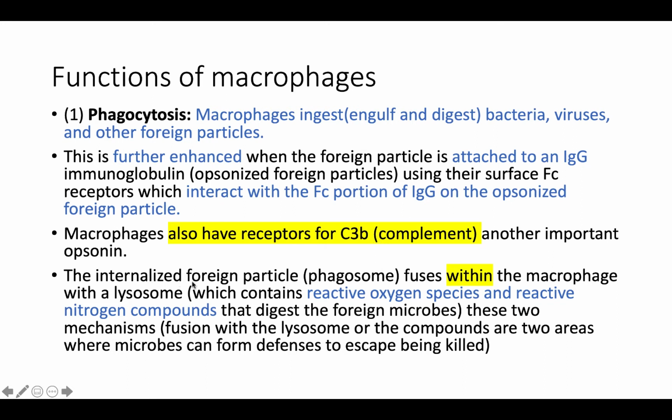So okay, the internalized foreign particle then fuses within the macrophage with the lysosome. Here the reactive oxygen species and reactive nitrogen compounds digest this microbe, and this fusion with the lysosome and the compounds are two areas where microbes can form defenses and escape being killed. What does that mean? If I prevent the lysosome and the phagosome from fusing together, then the microbe can survive within the phagosome.